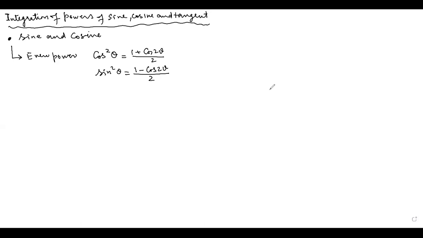the power of sine or cos. Suppose that the question is integrate sine power 4 theta with respect to x.